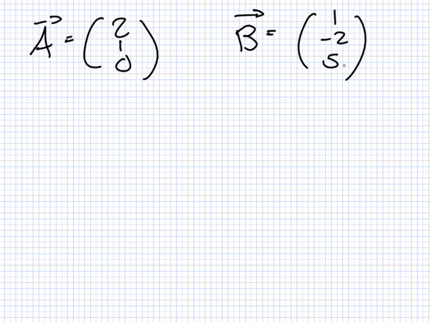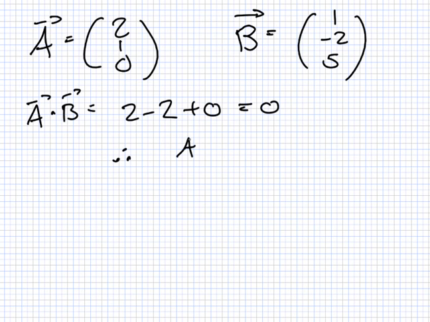So tell me if they're perpendicular or not. They are perpendicular. A dot B equals 2 minus 2 plus 0, which equals 0. So therefore, A is perpendicular to B.